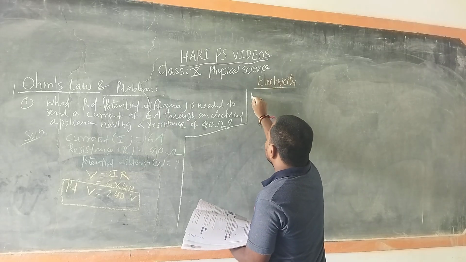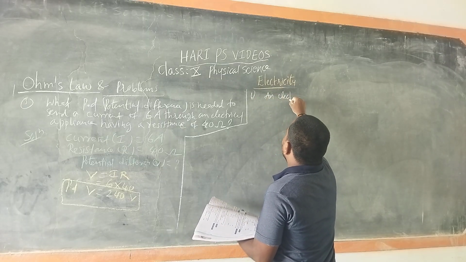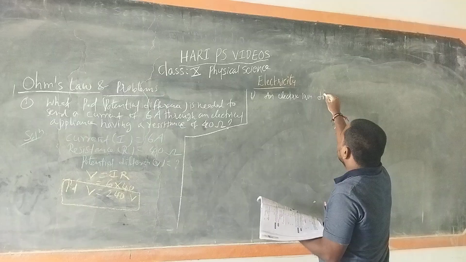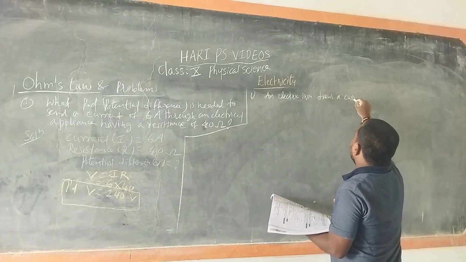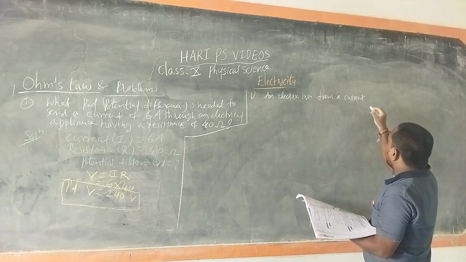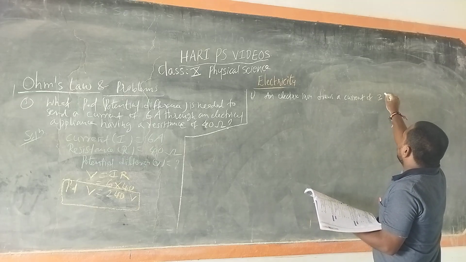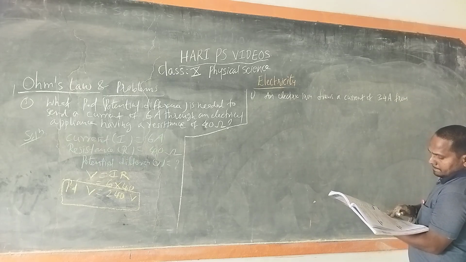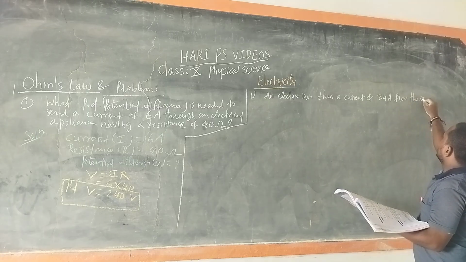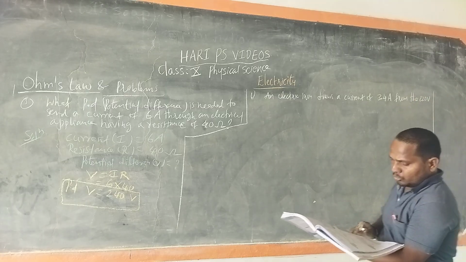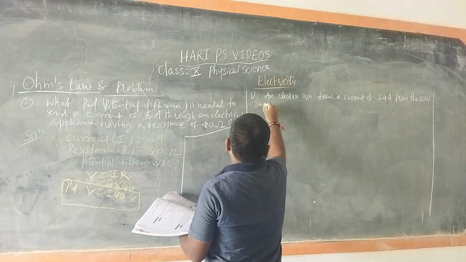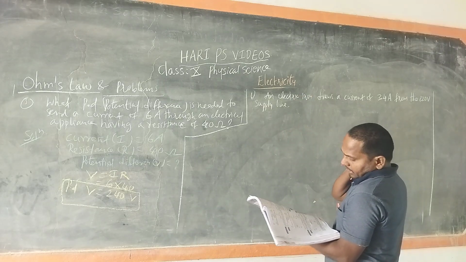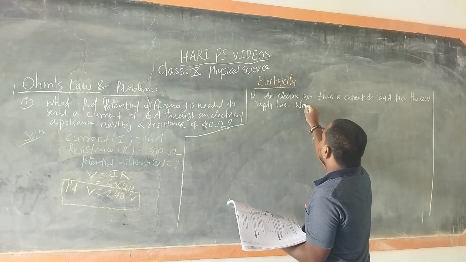An electric iron draws a current of 3.4 ampere from the 220 volt supply line. What current will be drawn?